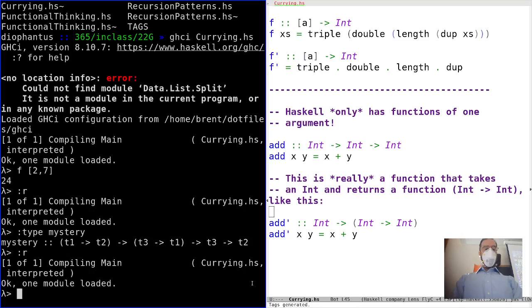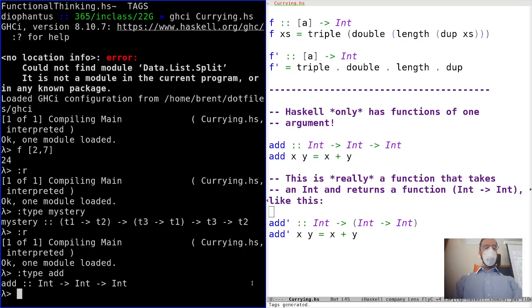So if I say add 3, so add, it shows the type like that. But I claim that add really is a function that takes 1 argument. So if I say add 3, my claim is that it's going to take that 1 argument and then return a function as output.